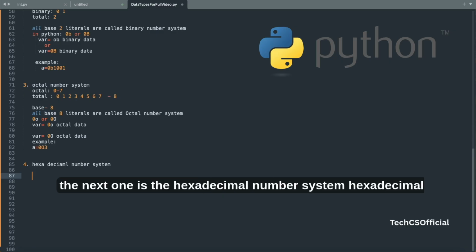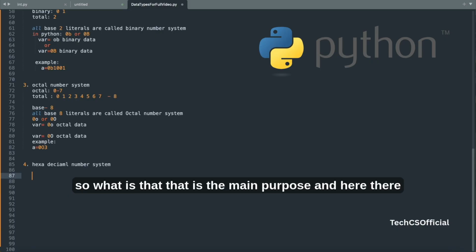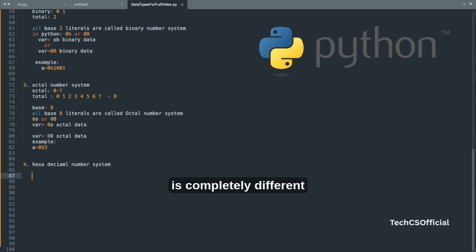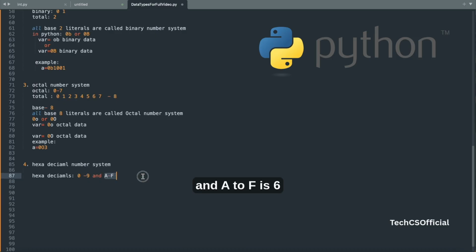And the next one is the hexadecimal number system. Hexadecimal number system is used in the development of OSs and all. Here it is completely different. Hexadecimal means 0 to 9 and capital A to capital F. That is the hexadecimal number system. If you count, 0 to 9 is 10 and A to F is 6, that is 16.